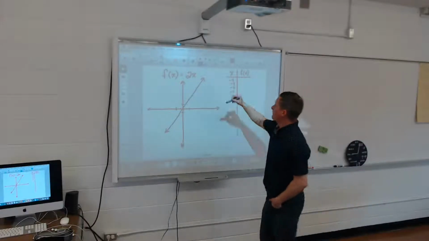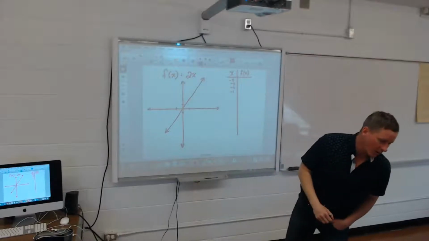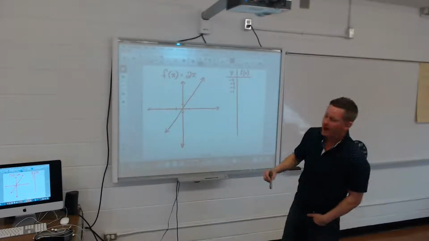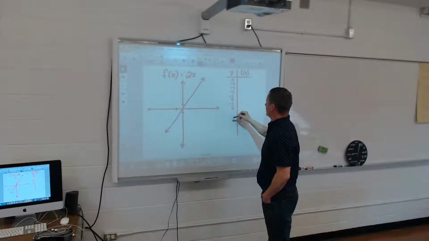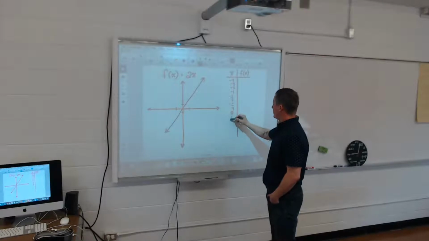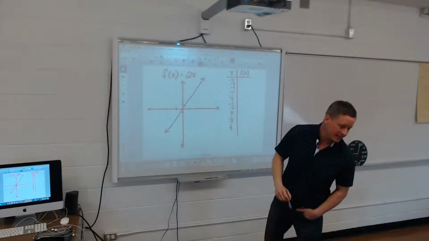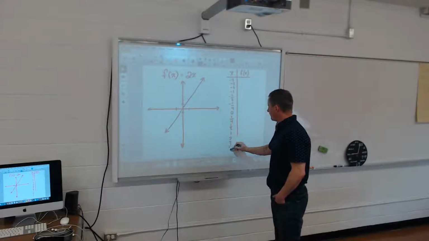Oh, they put a couple fractions in there. Let me do that as well. Those become important as well in this. So -1/2, -1/4. I'm just going to put it 0, and then I'm going to do 1/4, 1/2. So I'm not putting the 1/6 in there, but I'll explain that. 1, 2, 3, and 4.